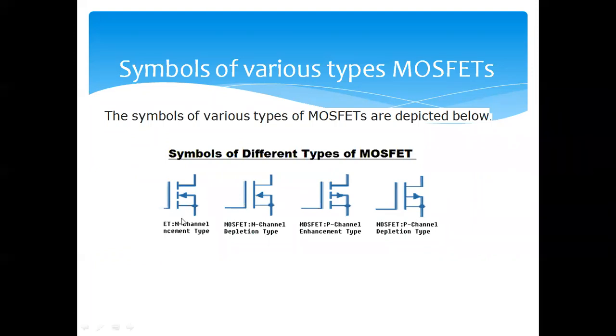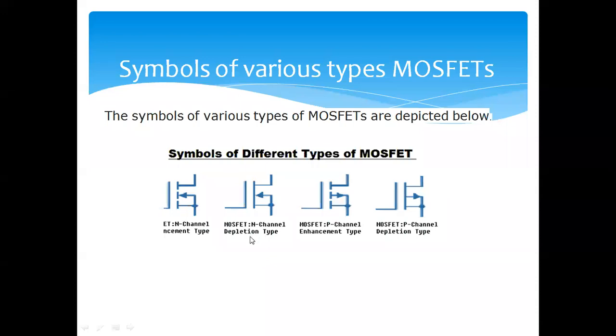And one more thing, in the enhancement type, it shows a cut in the gate region. That shows it's the enhancement type MOSFET. In case of the depletion type, there is a thorough solid line, but in case of this enhancement type, there is a cut solid line.